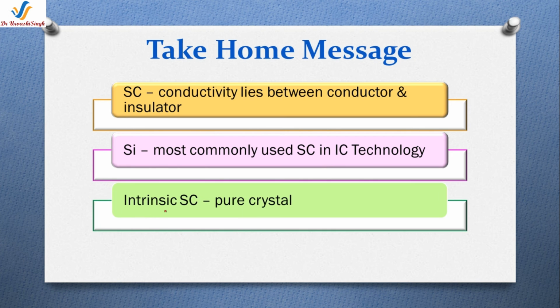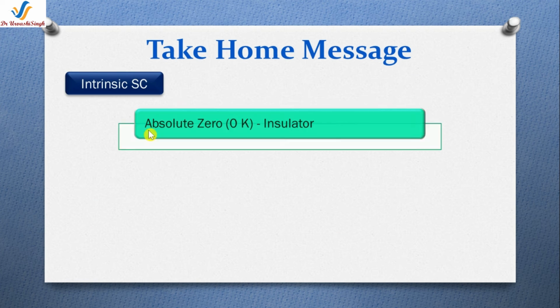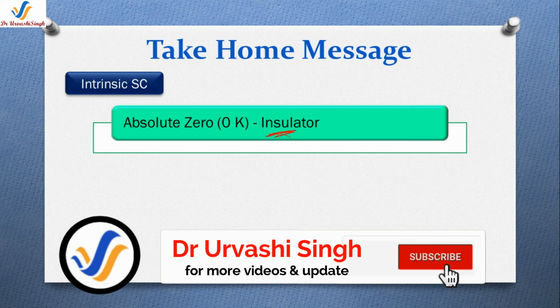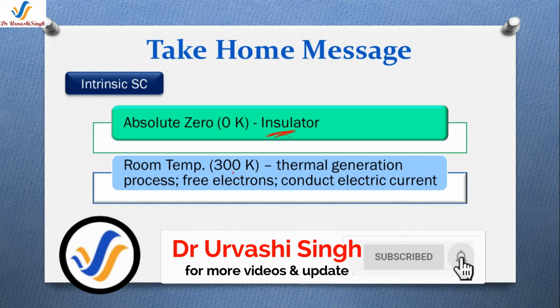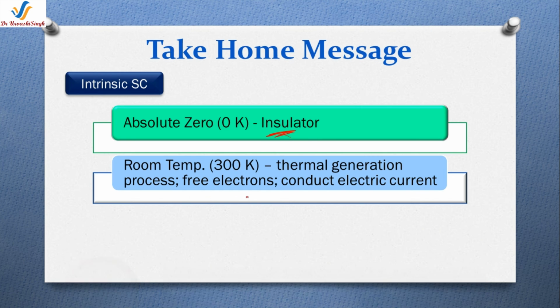And the intrinsic semiconductor is nothing but the pure crystal, where the intrinsic semiconductor behaves as an insulator at 0 Kelvin, while at room temperature the thermal energy is sufficient to create free electrons, and thus it can conduct the electric current under the effect of an electric field.